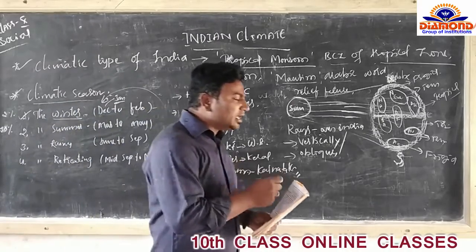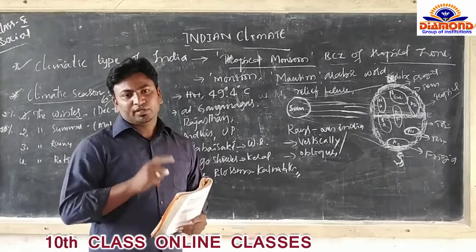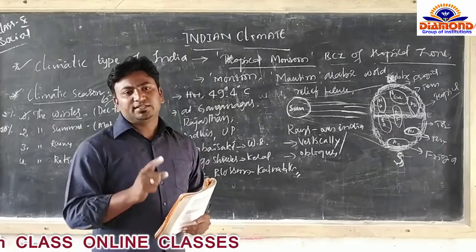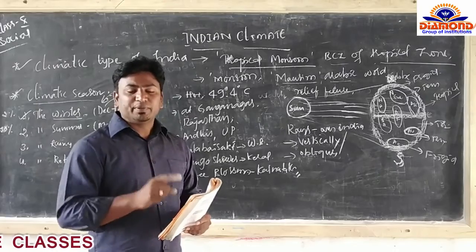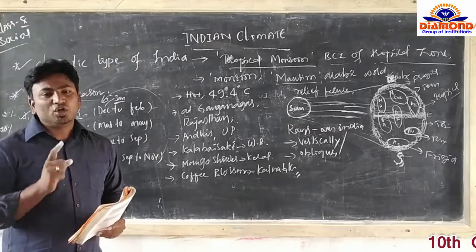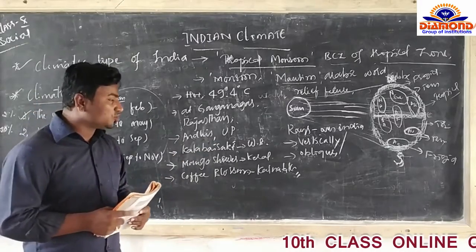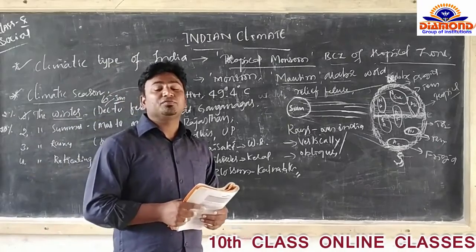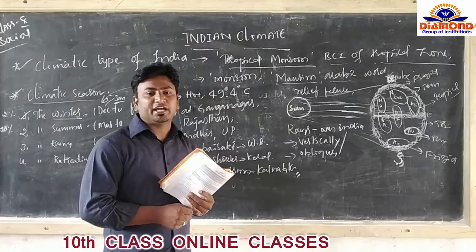In every state, there are particular districts which are very highlighted. Even in the state of Karnataka, especially North Karnataka, is well known as the land of sunshine.